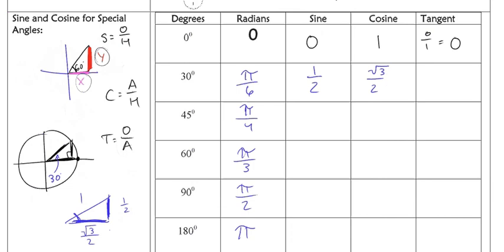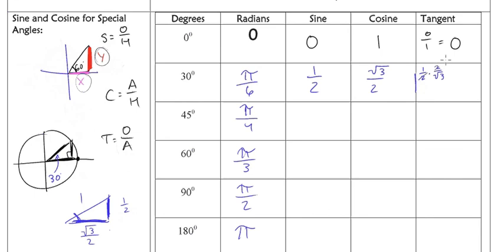Our tangent is our sine divided by our cosine, so 1/2 divided by root 3 over 2. That's the same thing as taking the 1/2, and actually I'm going to rewrite this. We don't like to divide by fractions, so that's really 1/2 times the reciprocal here, so times 2 over the root of 3.